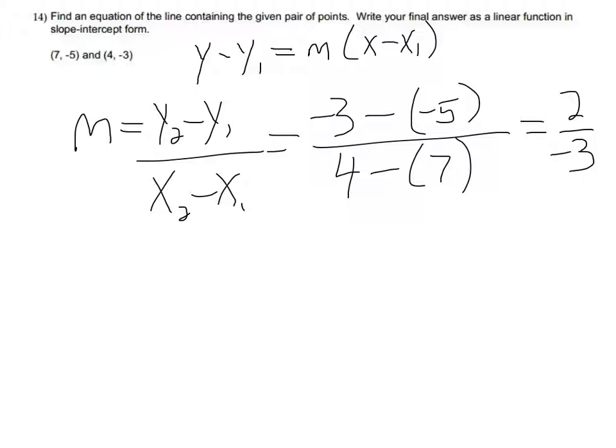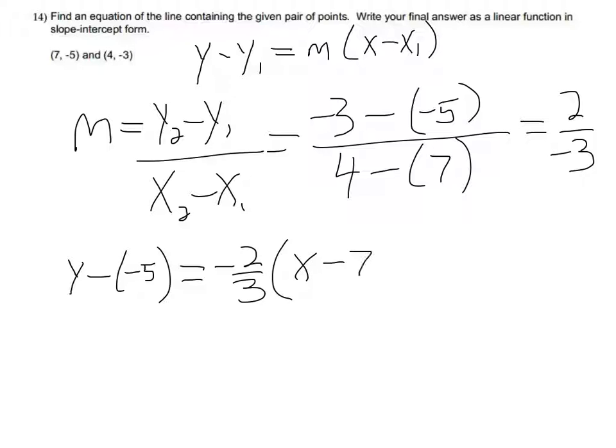So we now can go into point slope form and have y minus y1, negative 5, equals m, negative 2/3, x minus x1, which is 7.